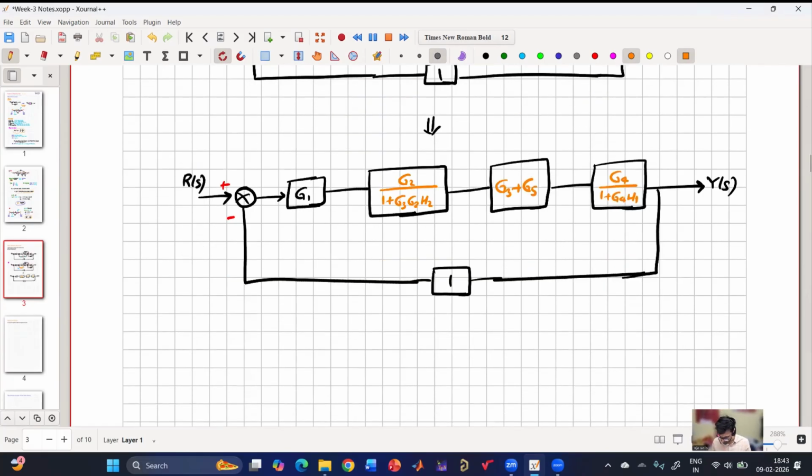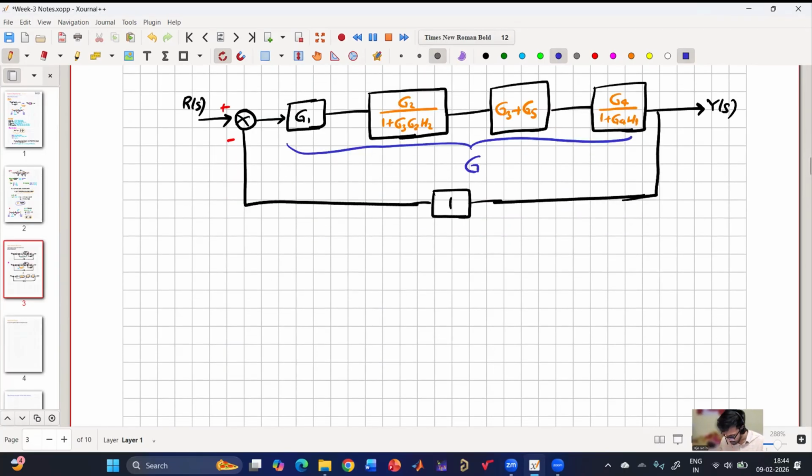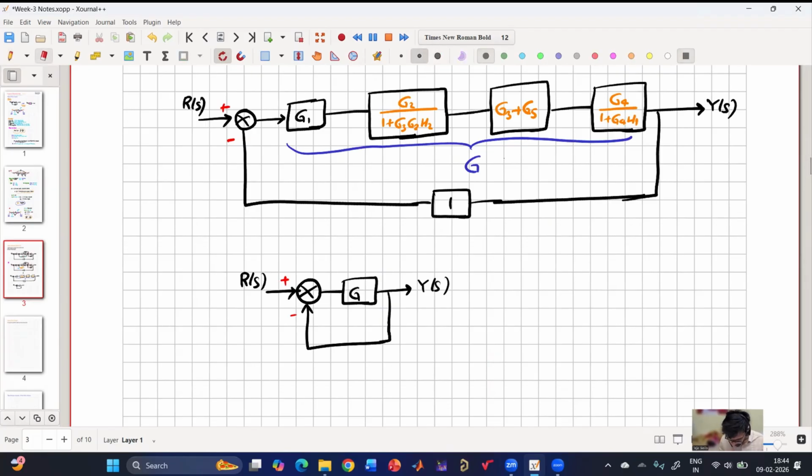For my simplification, I'll consider this entire thing as G, which is G1 into the second, third, and fourth part product. So now I have simplified: G, Y of S, gain is 1, this is R of S, this is plus minus, and the gain is 1 here.